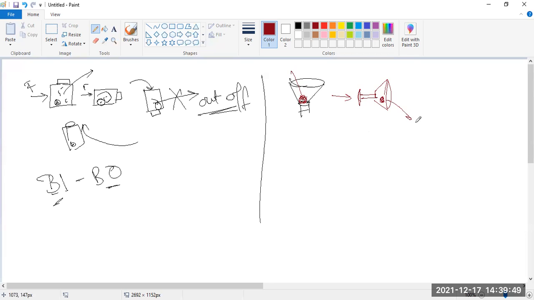No, your ball is going to go out. Up to this level, the ball is stable. But whenever it crosses this level, or you slightly incline this, look, up to this level your ball remains stable, your ball remains bounded.